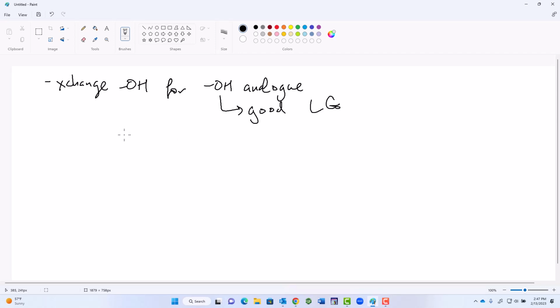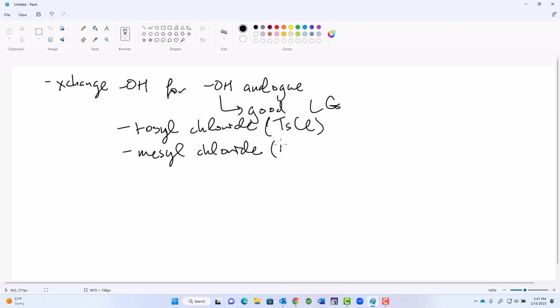So we would convert OH to an OH analog, making OH a good leaving group, by the addition of what we call tosyl chloride or mesyl chloride. So tosyl chloride is often abbreviated as TsCl. Mesyl chloride is often abbreviated as MsCl.